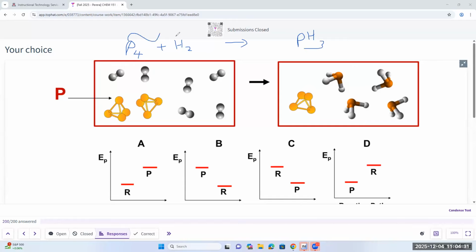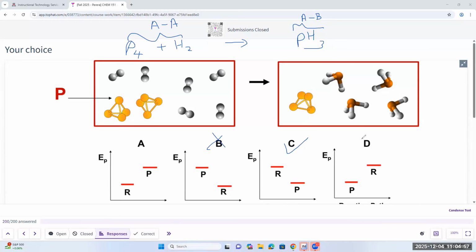We have A-A bonds on the reactant side, which are weaker. And then we have all A-B bonds, which are polar and stronger, on the product side, meaning it's going to have a lower potential energy on the product side. Meaning we're going from higher potential energy to lower potential energy. Therefore, it's an exothermic reaction. Therefore, the correct answer must be option C.